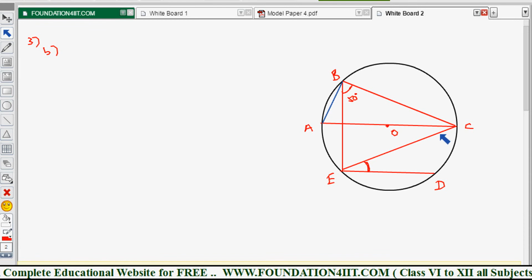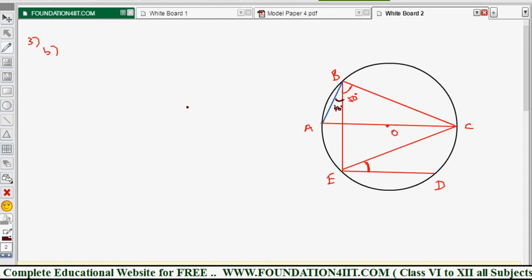AC is the diameter, so angle ABC is 90. Since it is already 50, the remaining is 90 minus 50, which is 40 degrees. So this should be 40 now.